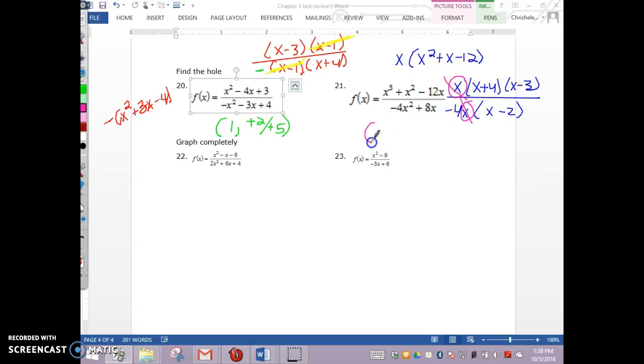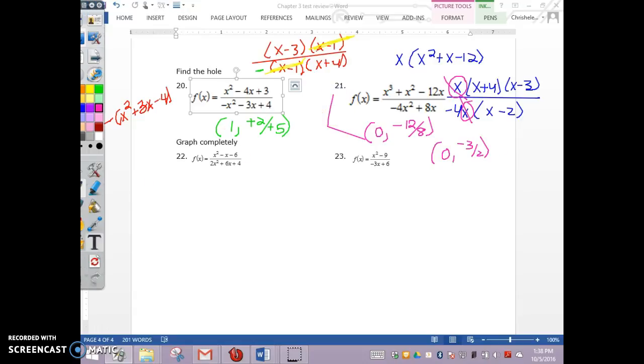So that means that my hole's at 0. I plug a 0 back in. 0 plus 4, 0 minus 3. 4 times negative 3 is negative 12. Then I have negative 4 times negative 2, which is 8. And that is going to simplify to negative 3 over 2.